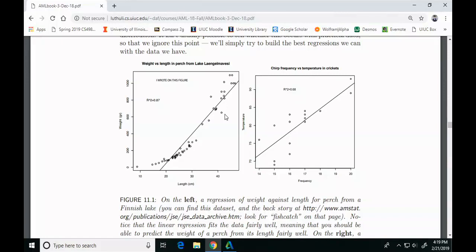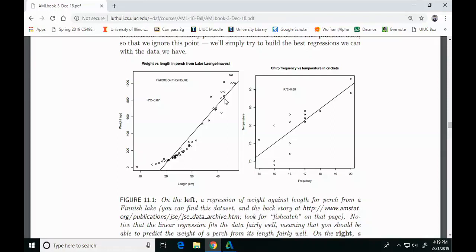Like here, if you put in, I don't know, 43, it's going to spit out a little bit more than 800. Even though there's this really fat fish up here, and this slightly anemic fish right there, it's just got to make a guess. It can't do a perfect job. There's nothing that regression can do to get these values because there are multiple values for the same input.